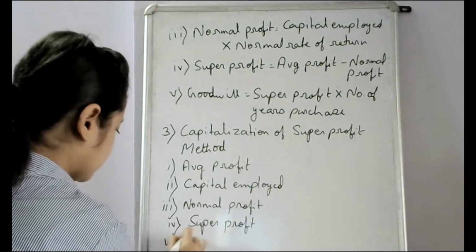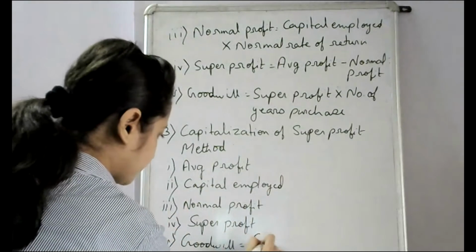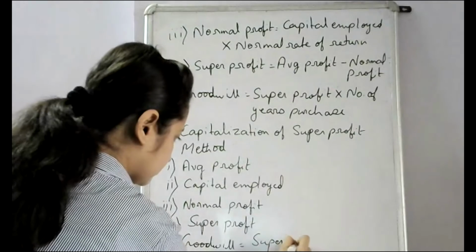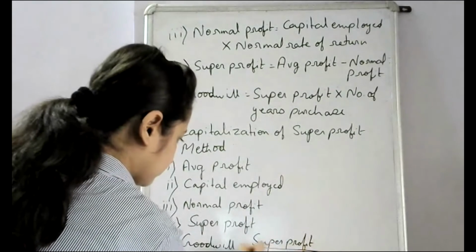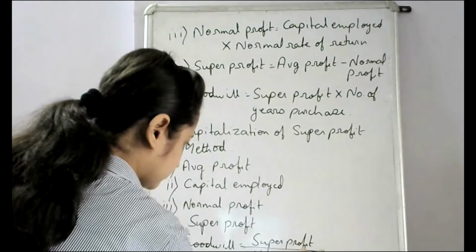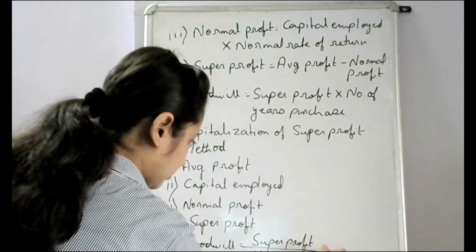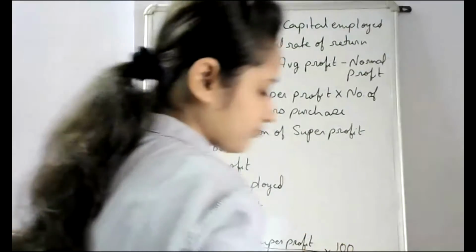Roman 5 is goodwill equal to super profit by normal rate of return into 100.